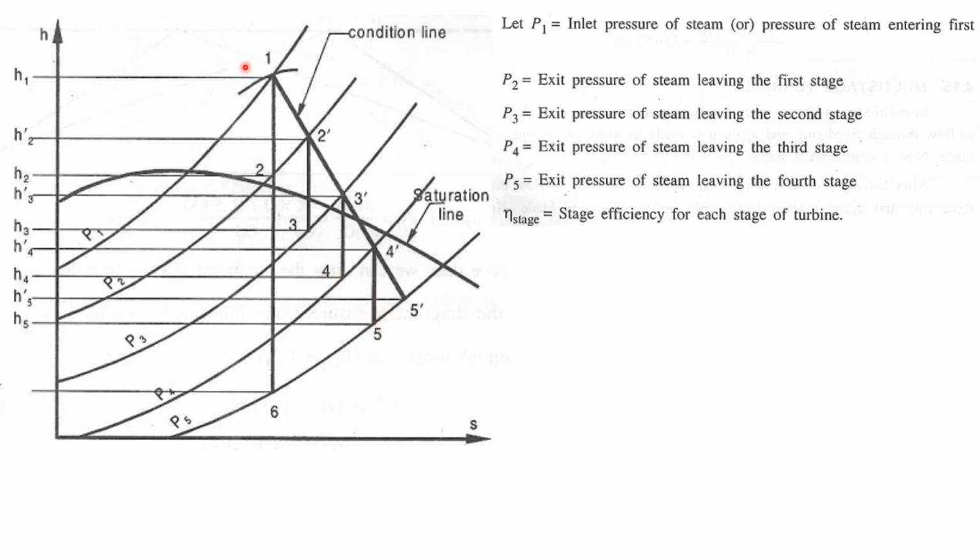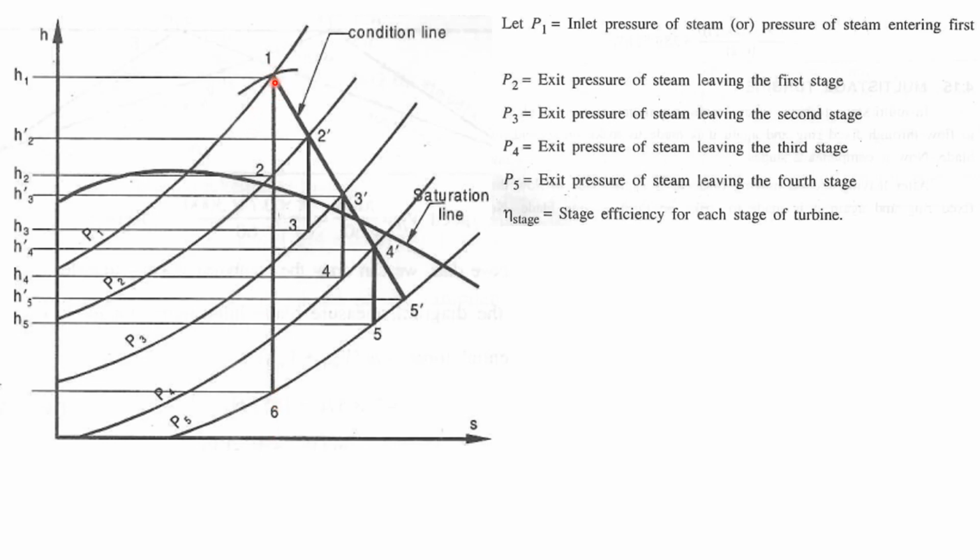Now if we consider the expansion in the turbine in a single stage, that is from the P1 pressure to P5 pressure, taking place in a single stage, then we draw the ideal expansion line from 1 to 6, a vertical line dropped from 1 to 6.